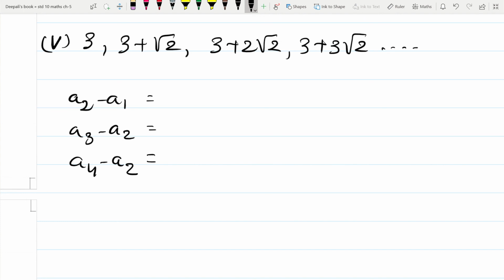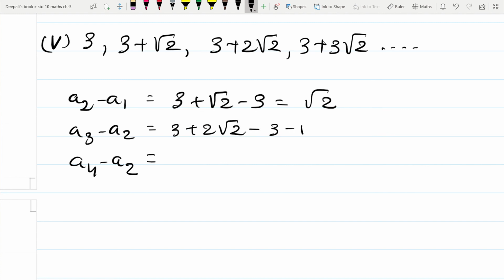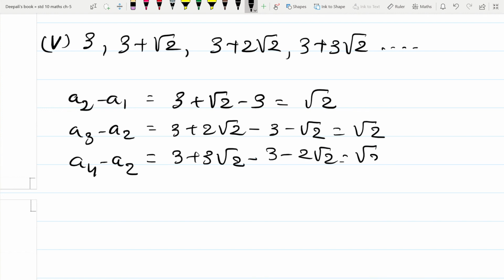You get 3 plus root 2 minus 3 is equal to root 2. Similarly, 3 plus 2 root 2 minus 3 minus root 2 is equal to root 2, and 3 plus 3 root 2 minus 3 minus 2 root 2 is equal to root 2. Therefore, it is an AP.